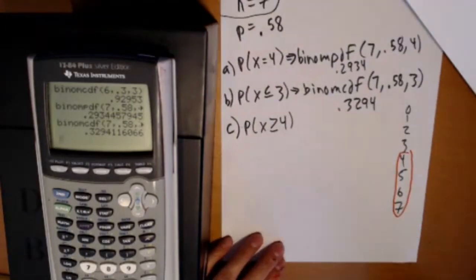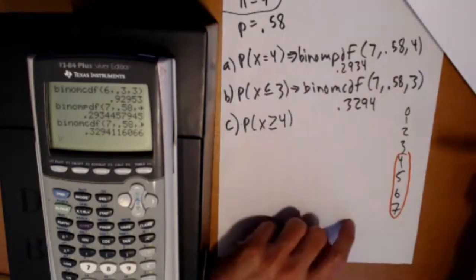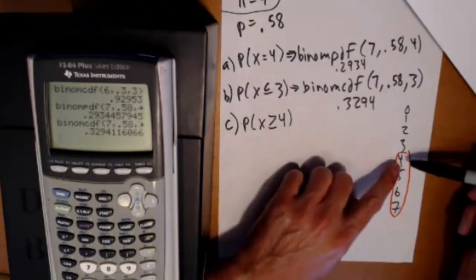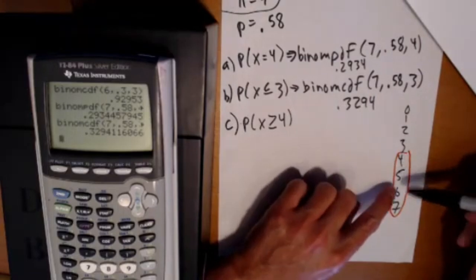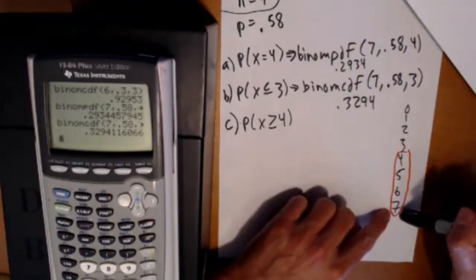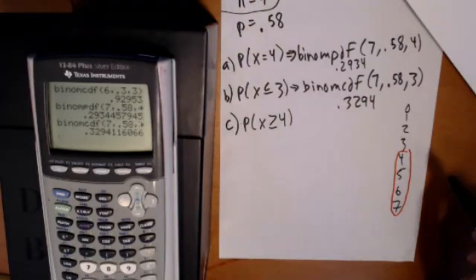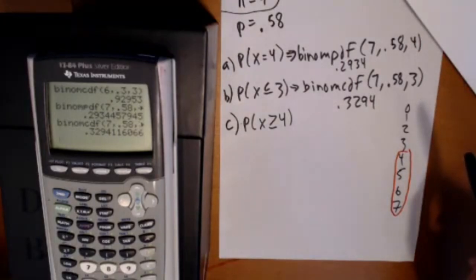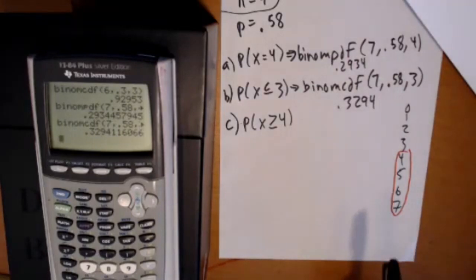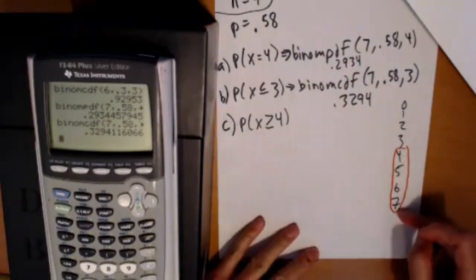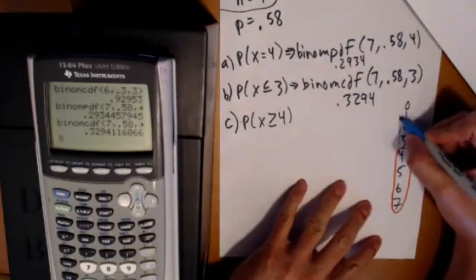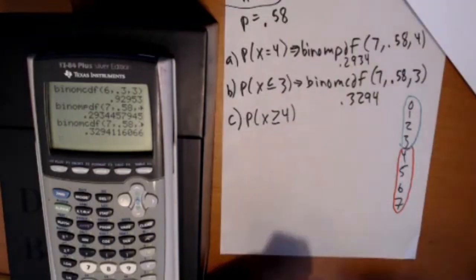Some folks would say, why don't I just do the PDF for 4, the PDF for 5, the PDF for 6, the PDF for 7, and add them all up? And I would say, yes, that works. But remember a while back I was trying to get you in on that 1 minus trick? You see how the complement of 4, 5, 6, 7 is these guys, the 3, 2, 1, 0.